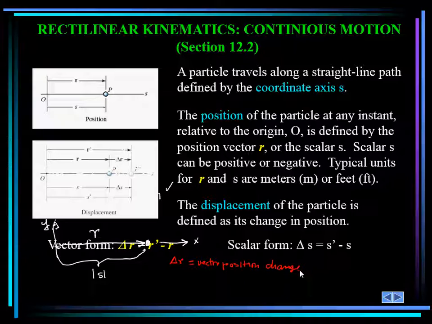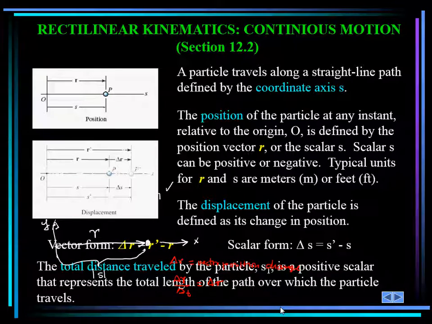But we are also interested in what happens when the position vector changes over a period of time. The total distance traveled by the particle is the total length.